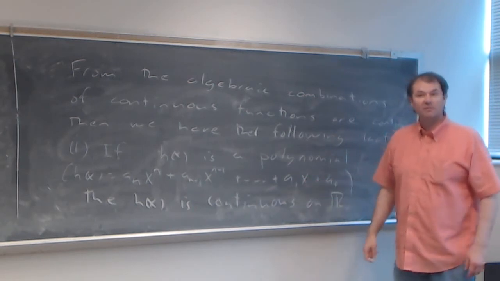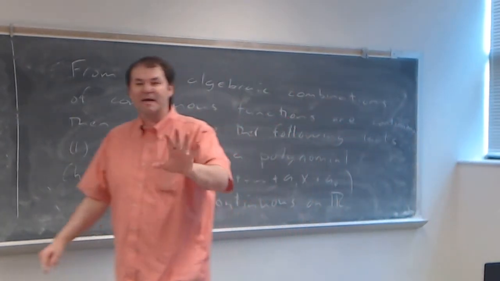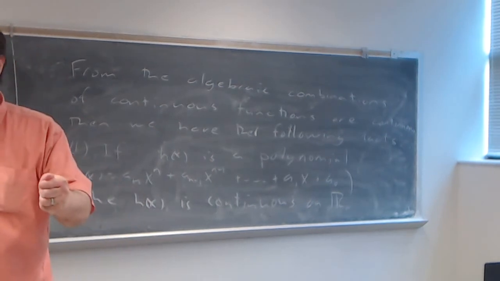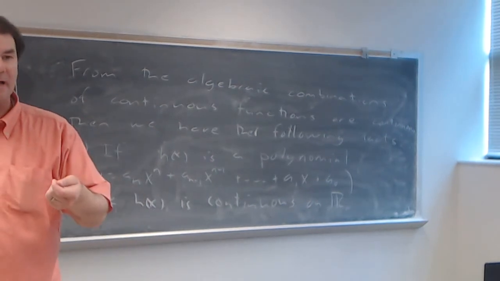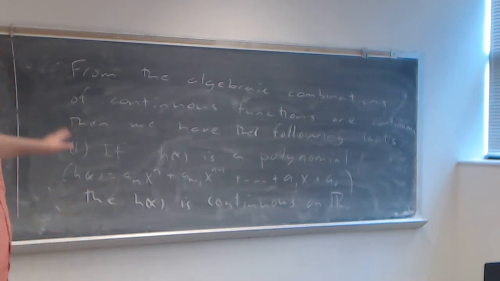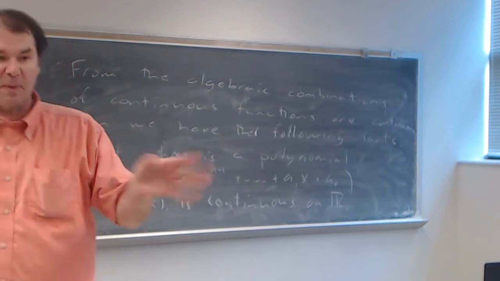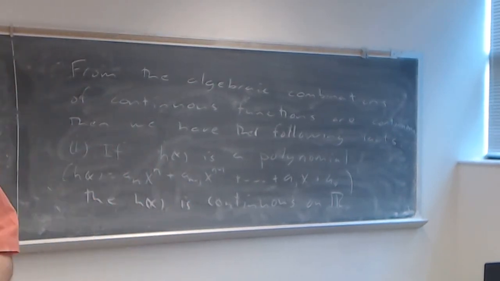You multiply them together, you get a continuous function. What if you have x raised to a power? Well, x itself is a continuous function. Is that okay? You multiply it by itself a bunch of times, you're just multiplying a bunch of continuous functions together. If you extend this fact about algebraic combinations to more than 2 functions, you have a bunch of functions and you do the operations with them that are continuous, you result in a continuous function.